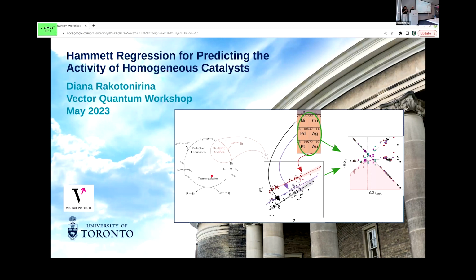Like if you put a cat here and a cat here, that should have a low energy. But if you put both cats here at the same time, I would expect that to be very different. Higher energy.